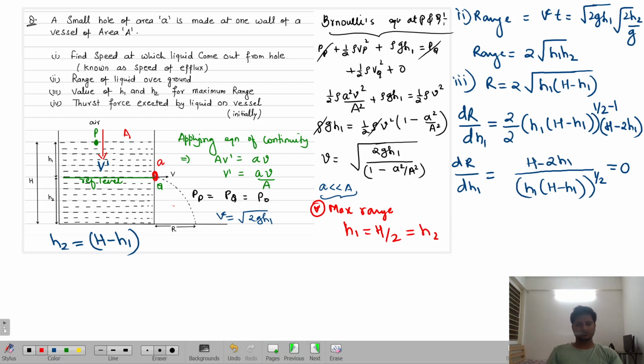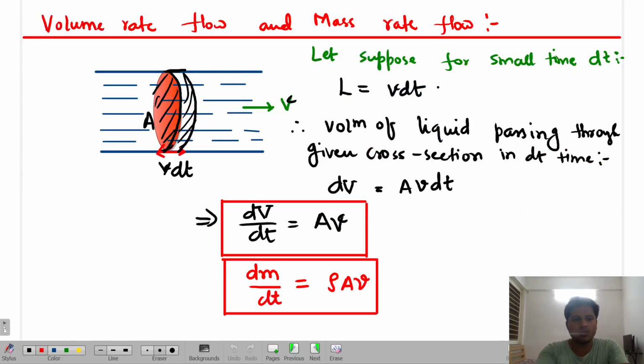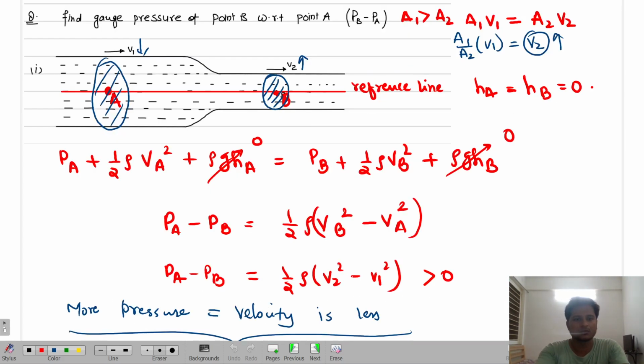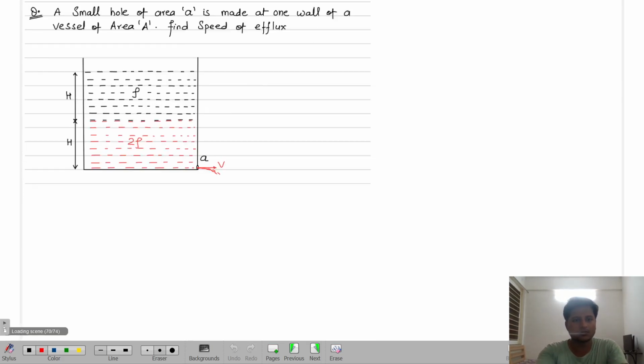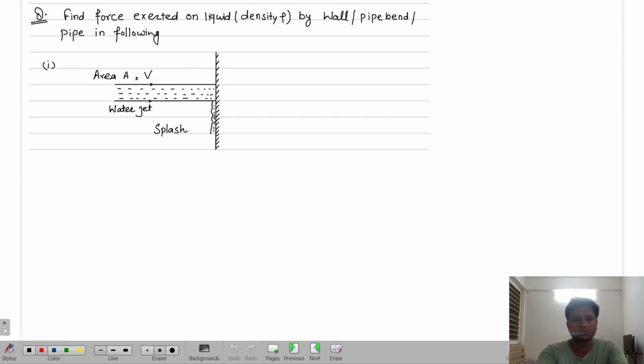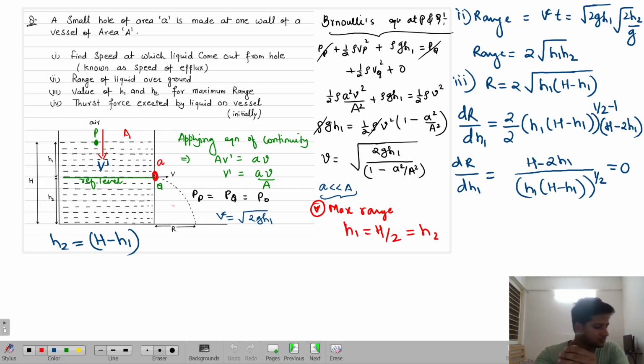Fourth question. Thrust force exerted by liquid on the vessel. Tell me, what will be the thrust force exerted by liquid on the vessel?